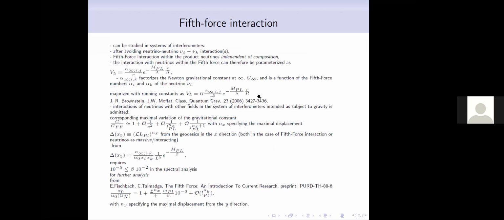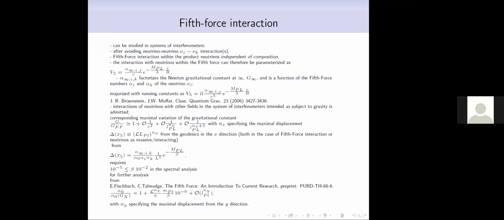And for this, as in the last equation, it's possible to reverse the analysis in order to evaluate the coupling constant of the fifth force.